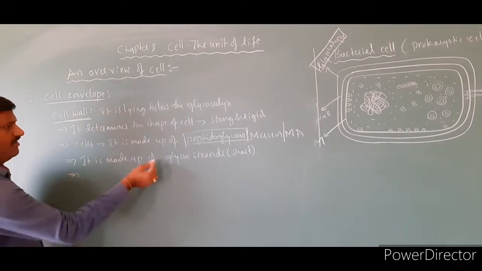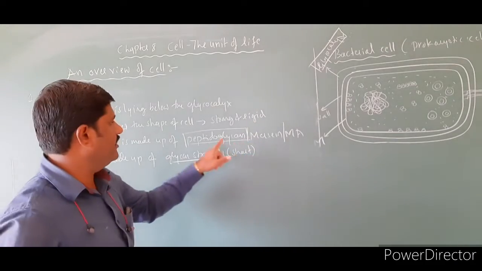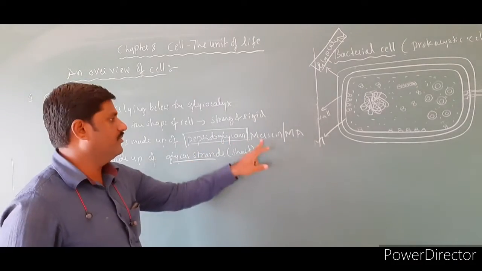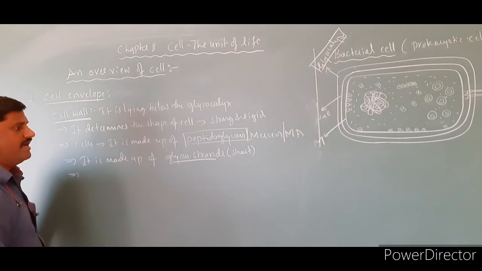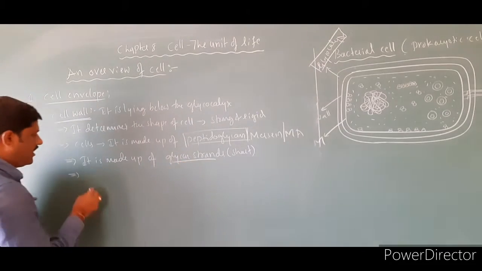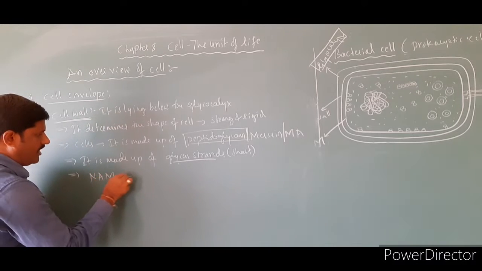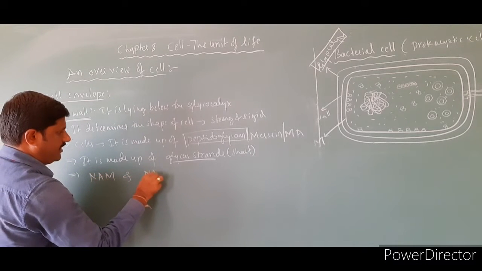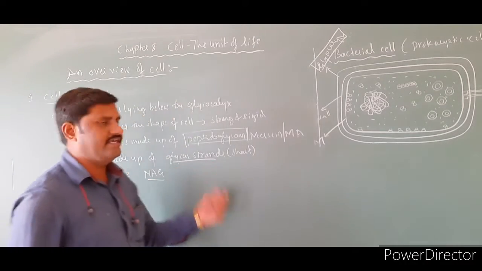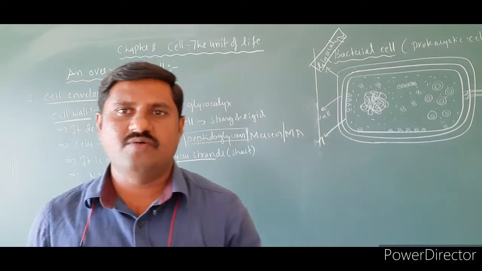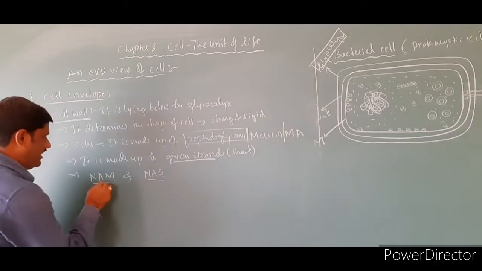And such glycan strands make the long strand of peptidoglycan, or murein, or muramic acid. Such small strands of glycans are said to be NAM as well as NAG, and they form the peptidoglycan itself, right? So NAM means what?